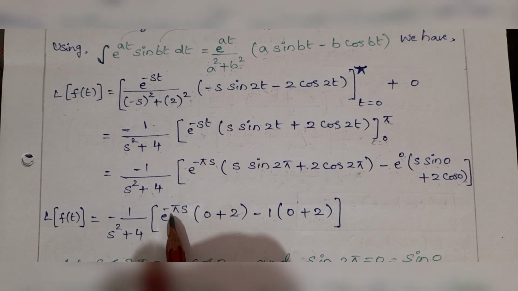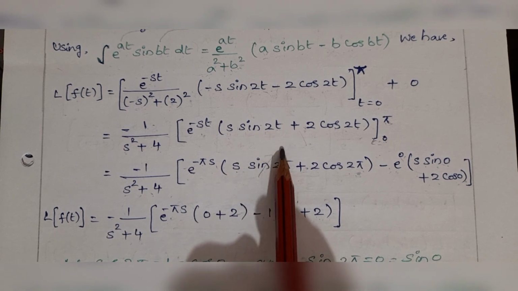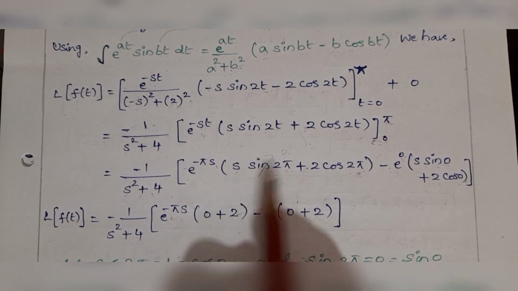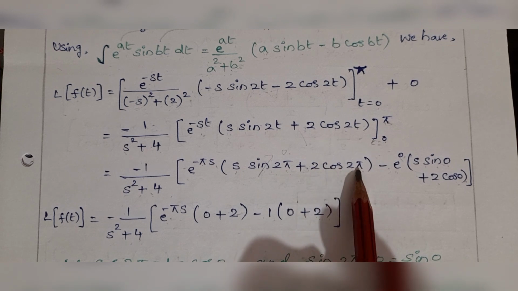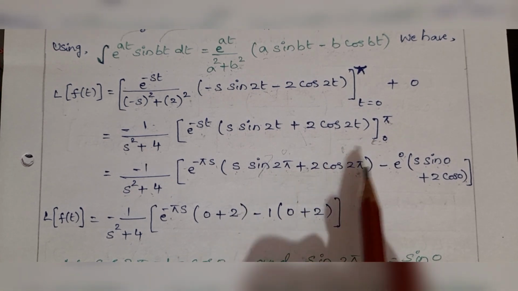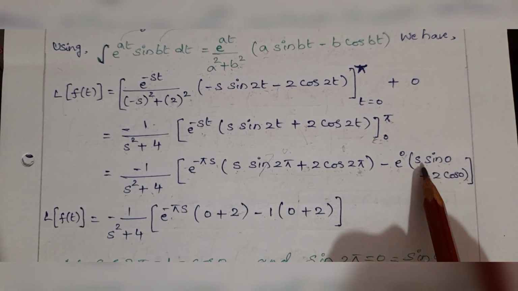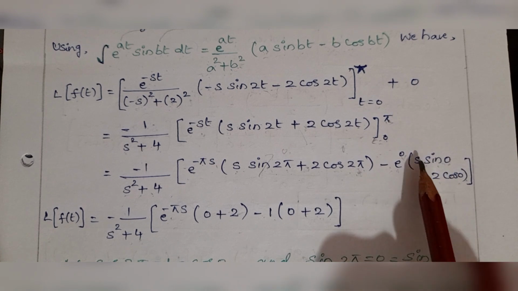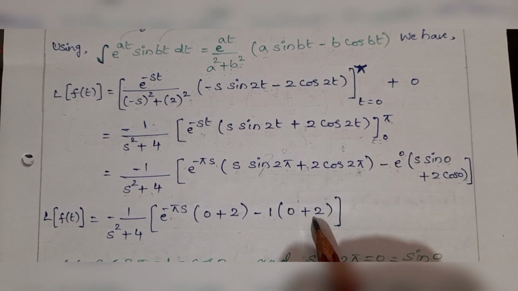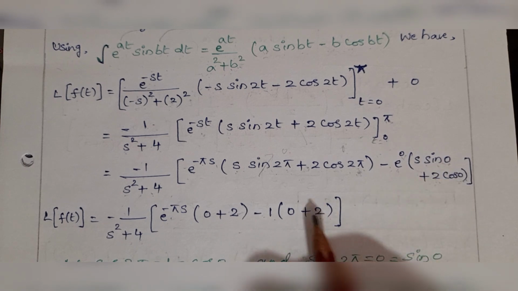e power of minus pi s, s into sin 2 pi, sin 2 pi is 0, s into 0 is 0 plus 2 into cos 2 pi, cos 2 pi value is 1, 2 into 1 is 2, minus e power of 0 value is 1, sin 0 is 0, 0 into s is 0, plus 2 cos 0 value is 1, 2 into 1 is 2.